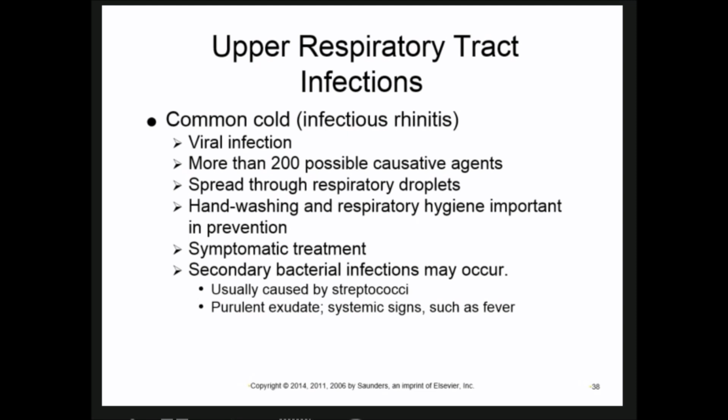This is called secondary, and most of the time it's streptococcus specifically. Remember this. Most of the time, not 100%. Most of the time. Which type? Streptococcus. How to know that this person developed a secondary bacterial infection? You see the signs of bacterial infection: fever, productive cough, and so on.